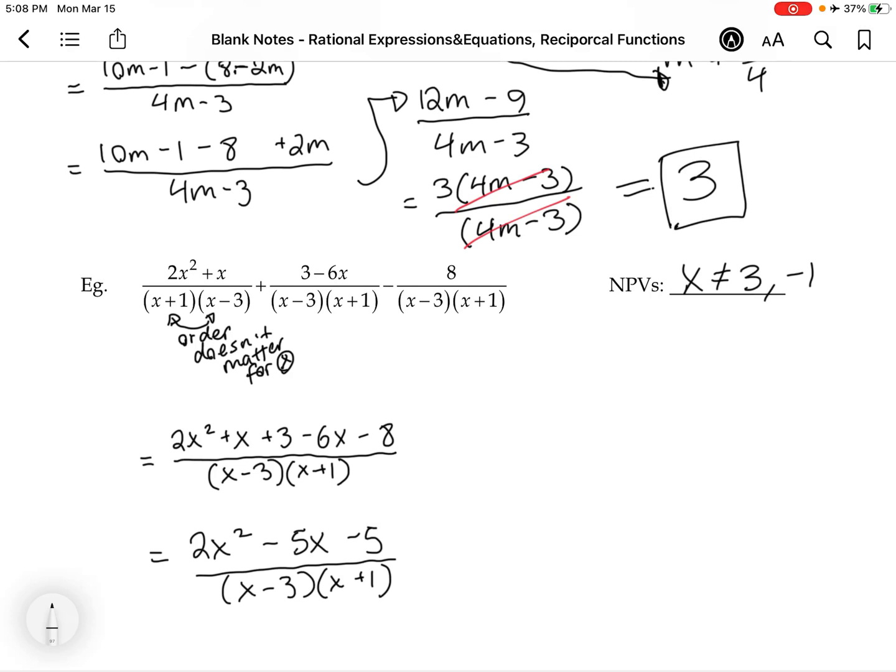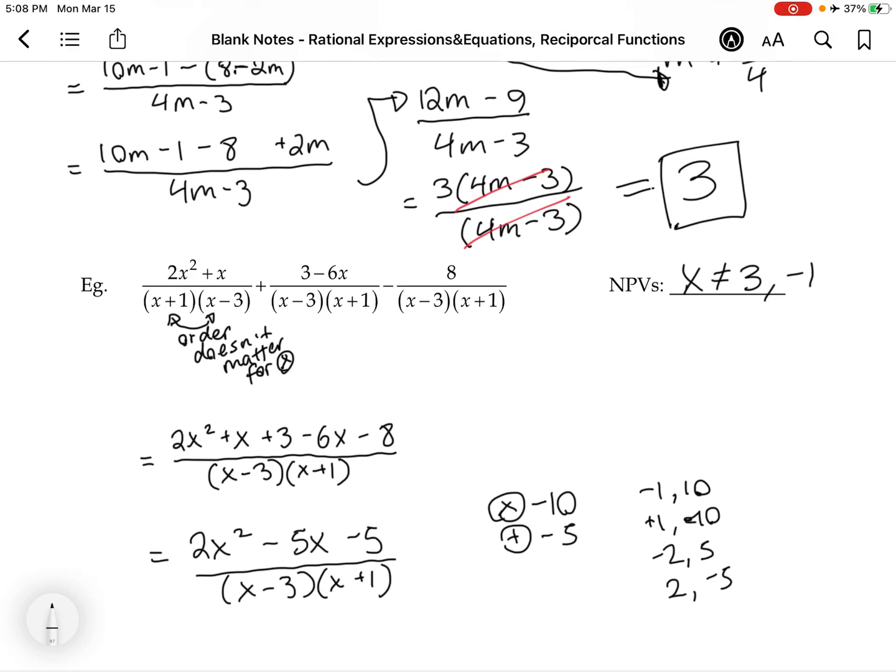Okay, now you should check to see if this is factorable. You could use guess and test or decomposition because this is in the numerator a trinomial of the form ax squared plus bx plus c. Now, if we check, though, we'd be looking for two numbers that multiply to negative 10, right? 2 times negative 5, and add to negative 5. Now, those two numbers don't exist because the only things that multiply to negative 10 are negative 1 and 10, or positive 1 and negative 10, or negative 2 and 5, and 2 and negative 5.